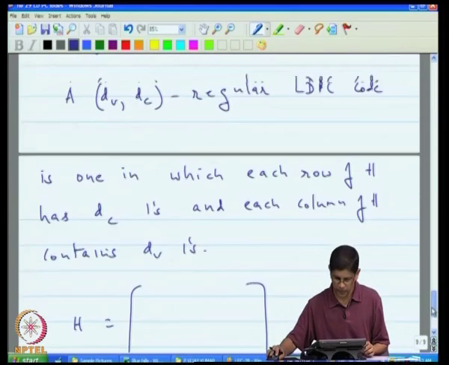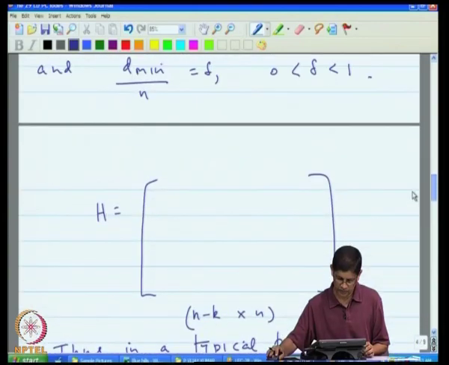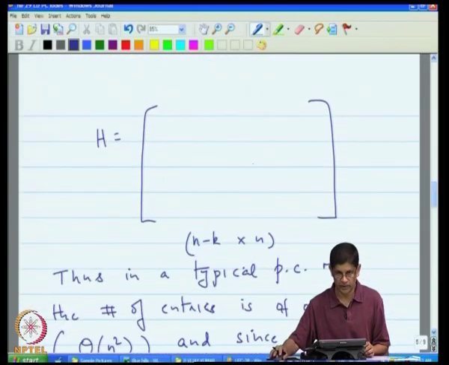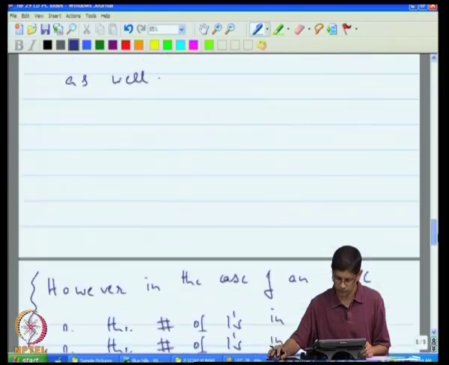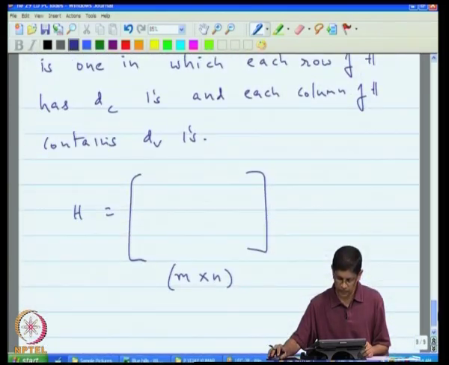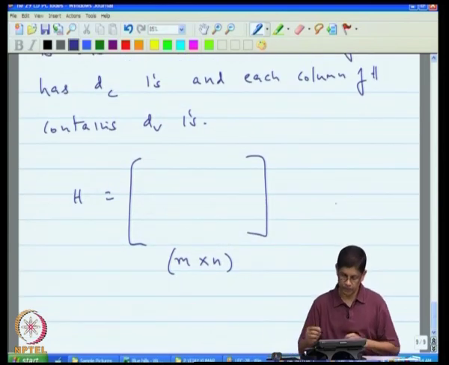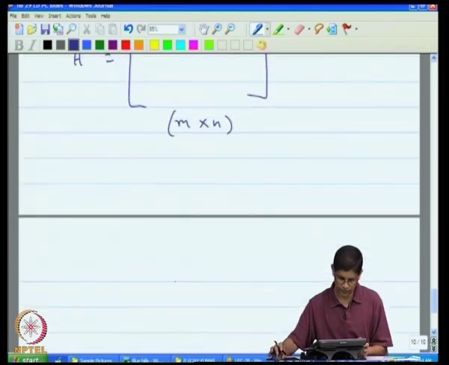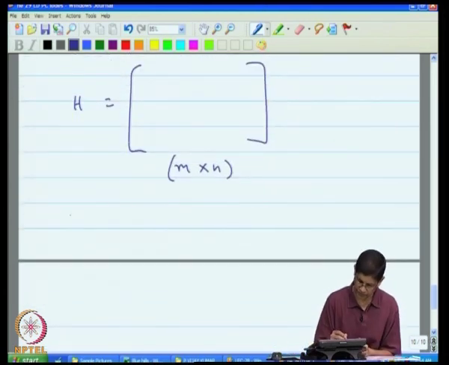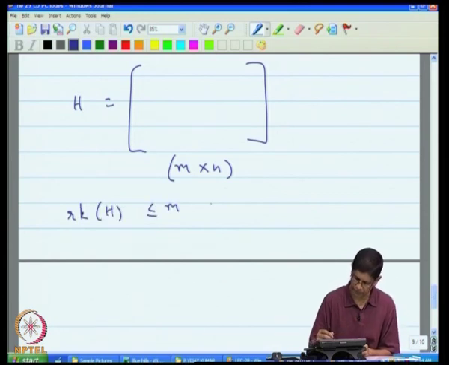The reason I say that is because, earlier, when the rows were linearly independent, then I could say that the number of rows had to be n minus k because the dimension of the null space was k, and that is the dimension of our code. But since now we have relaxed the requirement that the rows be linearly independent, what this means is that the rank of H is less than or equal to m.